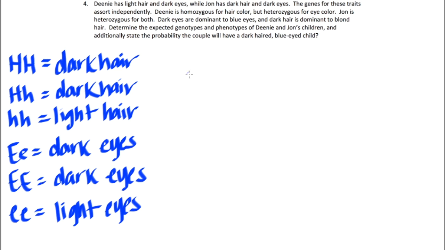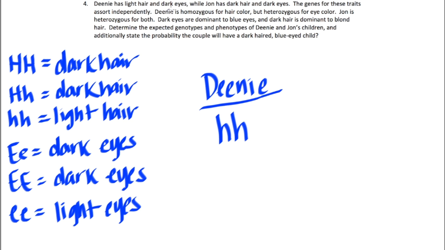So let's figure out Denis' genotype. She has light hair and dark eyes. So we know for her to have light hair, she has to be little h. And it says she has dark eyes. Denis is homozygous for hair color, so we got that, but heterozygous for eye color. So she's going to have, she's this one, heterozygous, so 2 different alleles. Big E, little e, okay?